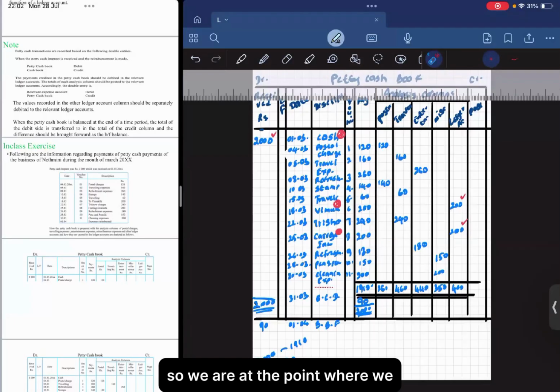So we are at the point where we have passed the double entries of these three transactions, the petty cash imprest, Vimukti, and carriage inwards.